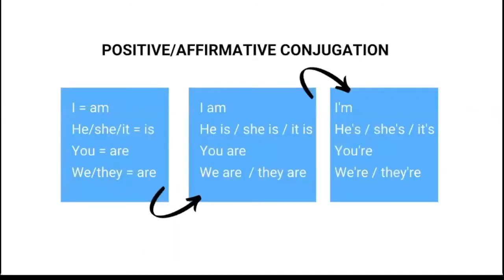And we contract or shorten those verbs depending on the situation, whether it's formal or informal, whether it's spoken or written. Okay, again, the rules are the same, and if you don't remember the rules, just go back to the previous episode because I talked about the rules of where or when you should use a formal tone or an informal tone.